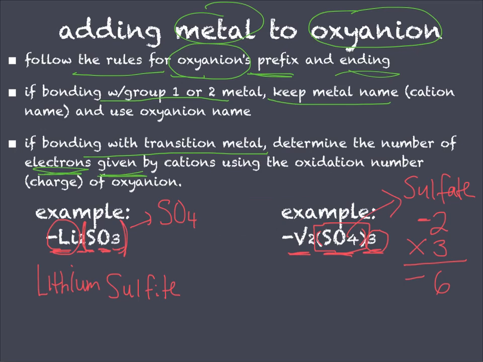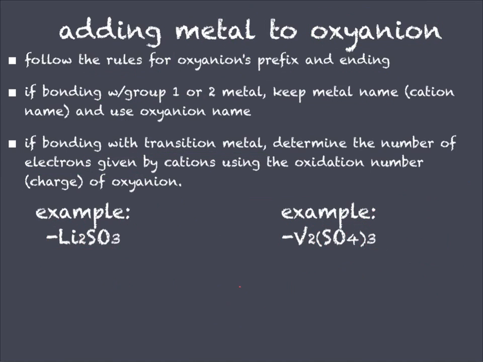But I see that there are 2 vanadiums, so in order to make this even, +6 plus -6 equals 0, but there are 2 vanadium atoms, so each one is going to be +3 charge. So I can say vanadium(III) sulfate.